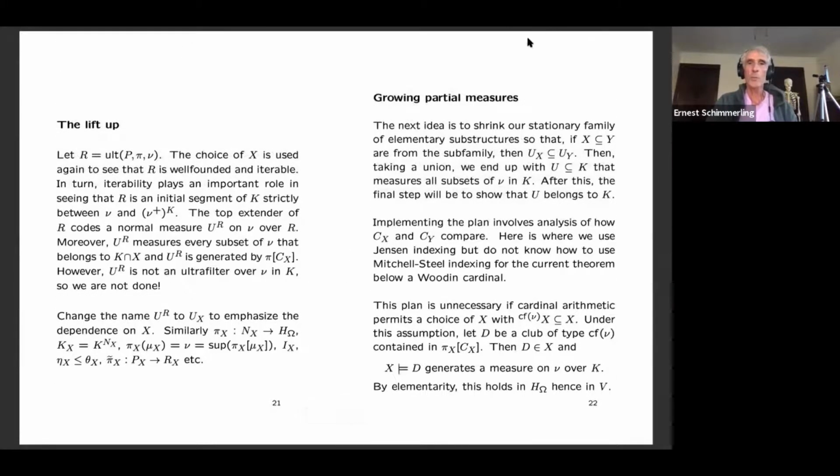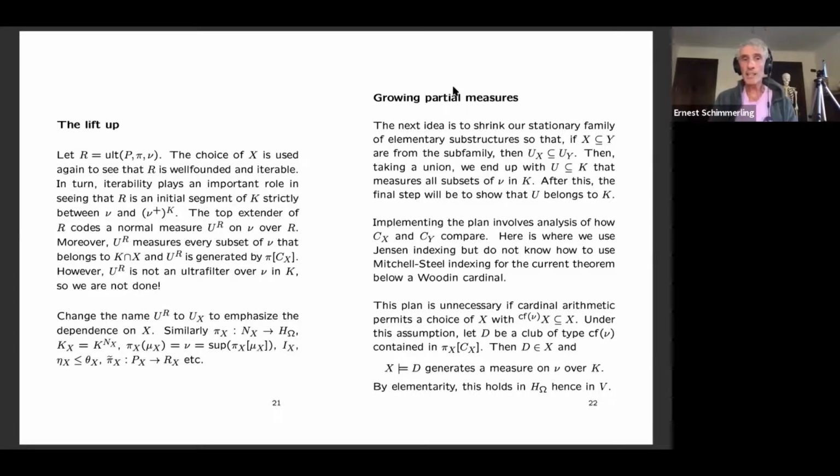So now, this R that I was just talking about is the lift up. I'm referring to that as the lift up, which is what it's traditionally called. And again, the choice of X guarantees, though not necessarily easily, that R is well-founded and also iterable.